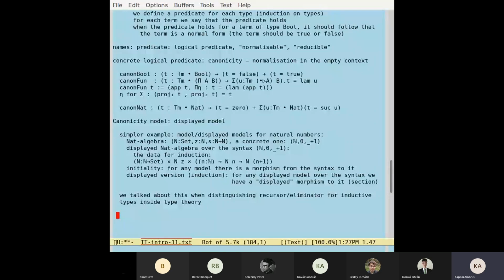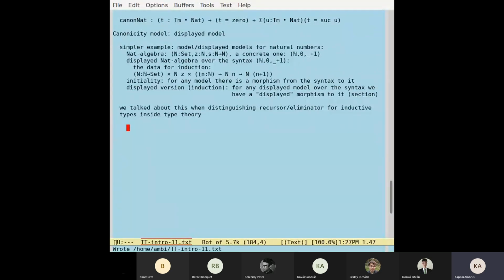And see how this matches our generalization of the induction hypothesis. So we define a predicate, and if every operator respects the predicate, then it holds for all terms. That's the idea. Okay, so now I just do it directly. So what is the canonicity displayed model?